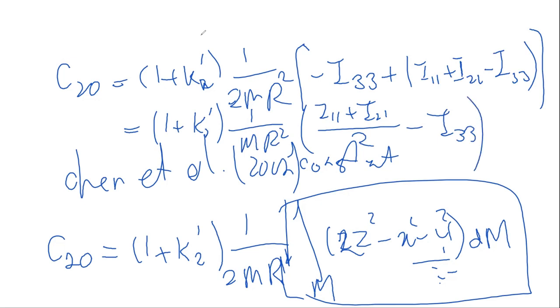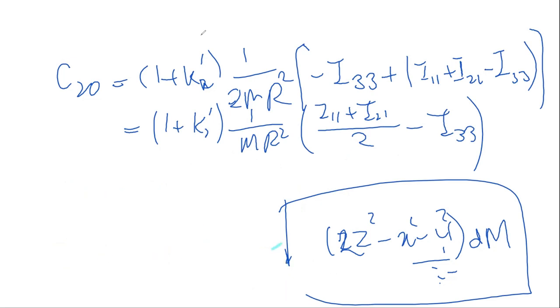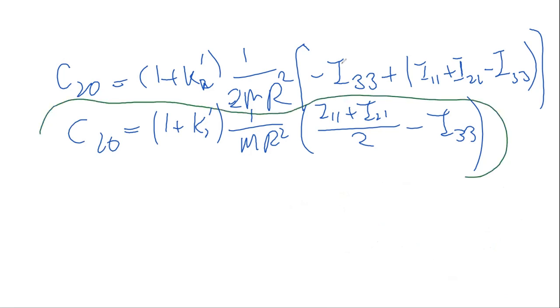So the interesting part here is that the second order spherical harmonic coefficient of the Earth can be written in terms of the inertial elements, or diagonal elements, of the inertial tensor.